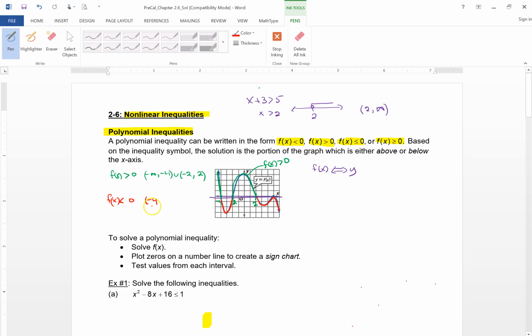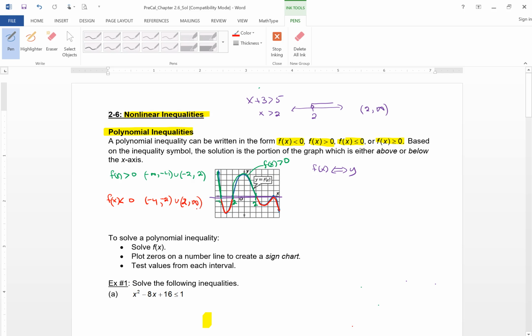Between negative 4 and negative 2. And again, from 2 to where? Positive infinity. All right, so do you see what we're doing?